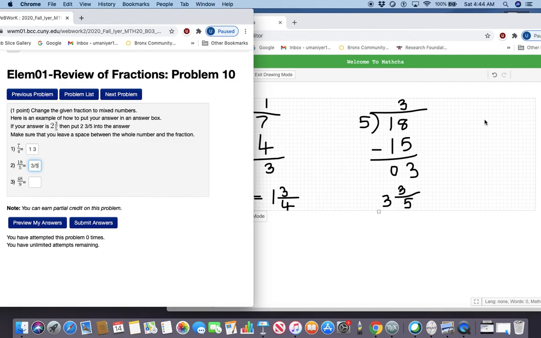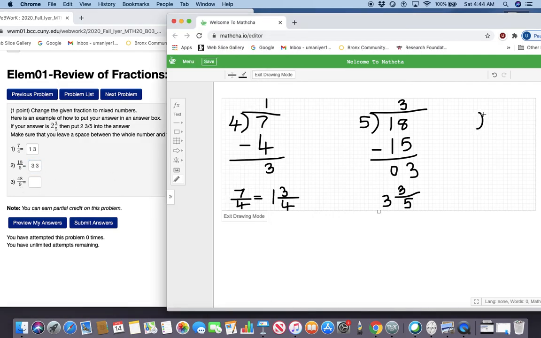Last is 48 over 9. 9 goes in 48 5 times. 9 times 5 is 45. So when you subtract, 3 is left over.